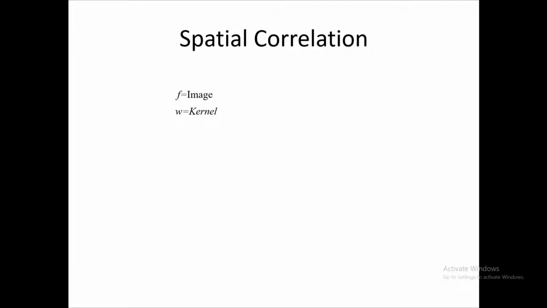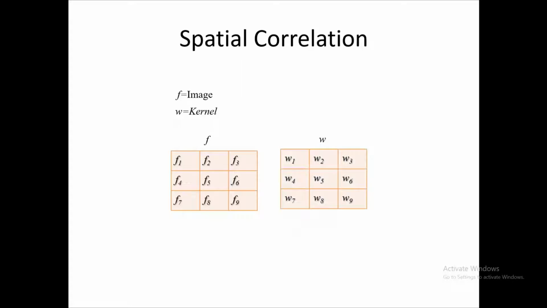Let's see the example. Here we have the f image and w kernel or mask. We have taken the neighborhood of 3 by 3, and our center pixel is f5. The mask also has a center pixel of w5, and we perform the spatial correlation.